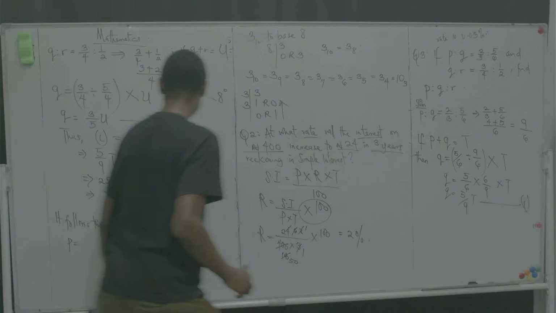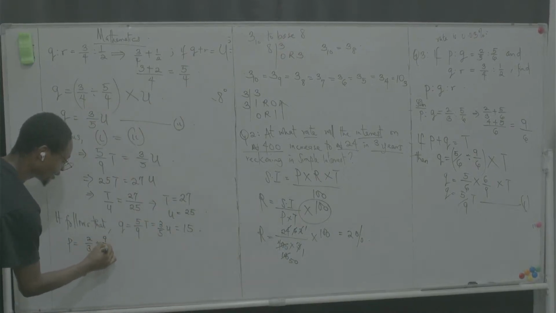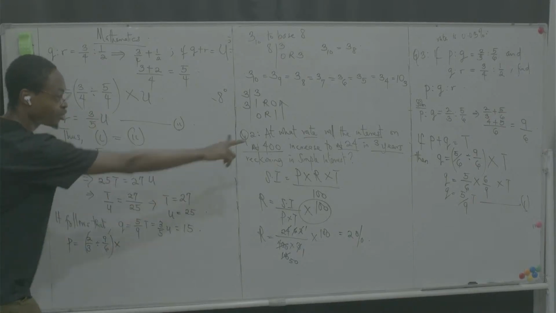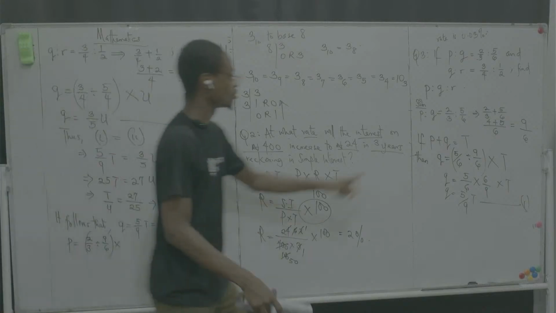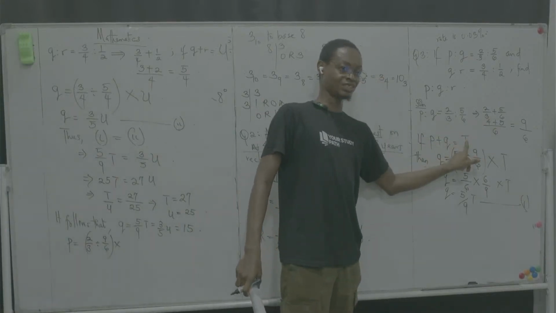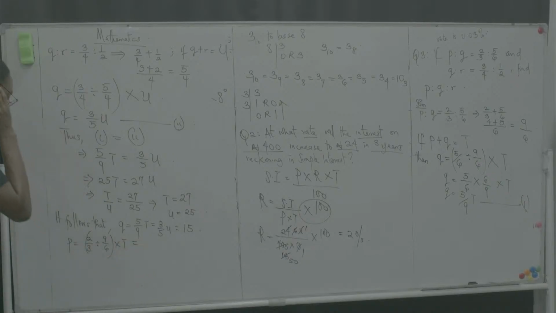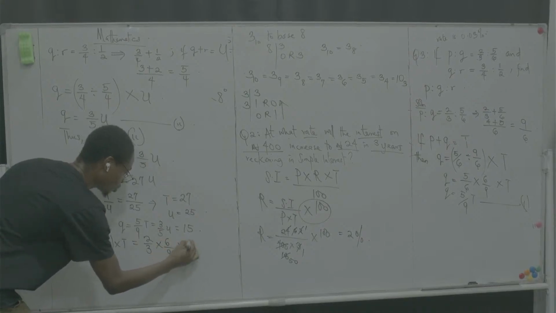So it will be 2 over 3 divided by 9 over 6, times T. But T in this case will be 27, because it's in the total of T. So if I multiply, this will swap. It will now become 2 over 3 times 6 over 9 times 27.